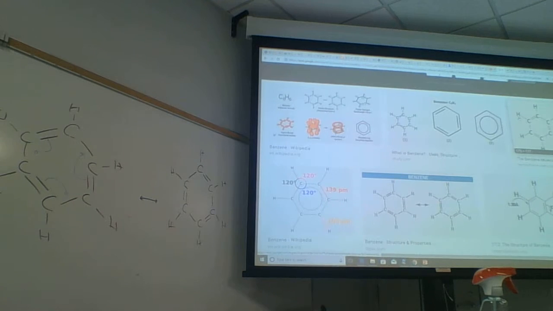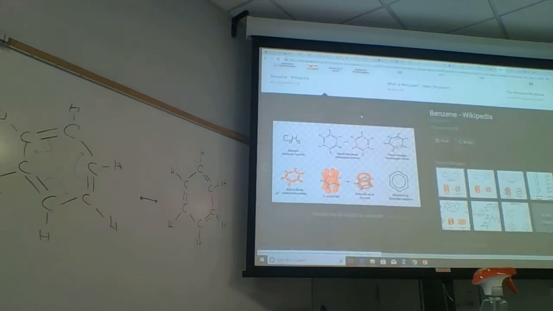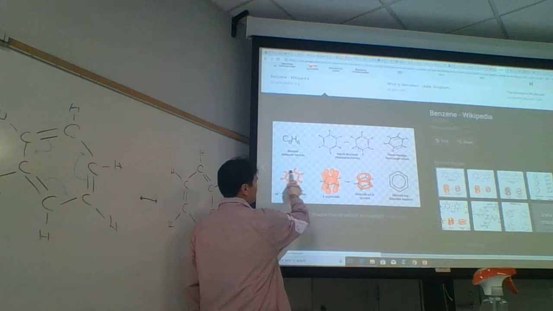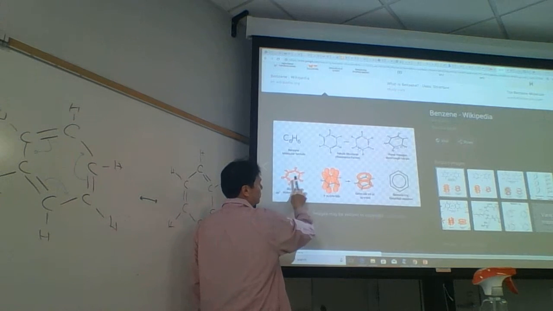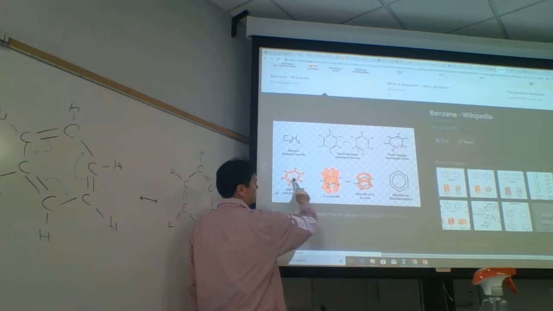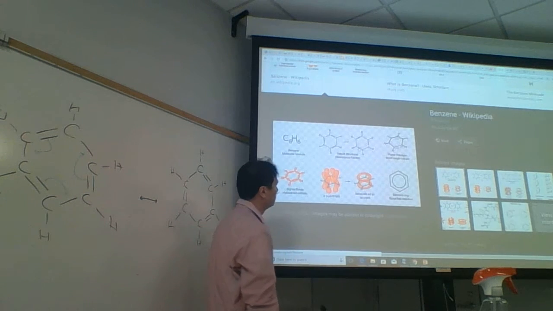And so it turns out the Lewis structures like this are based on something we call valence bond theory, which deals with these atomic orbital overlaps like this. So when we look at the orbitals that are involved, these are p orbitals here. These are a different kind of orbitals here, called hybrid orbitals.